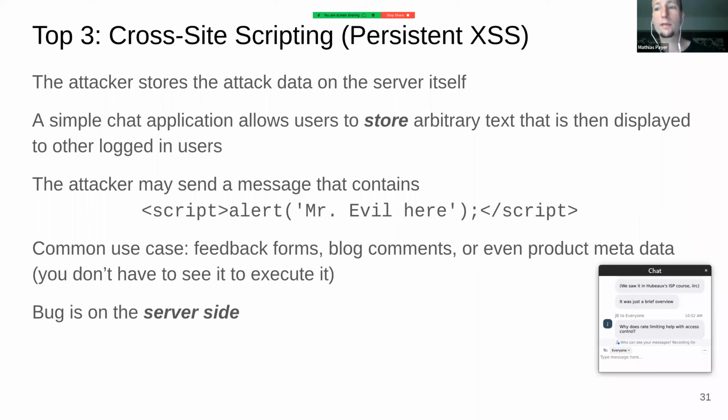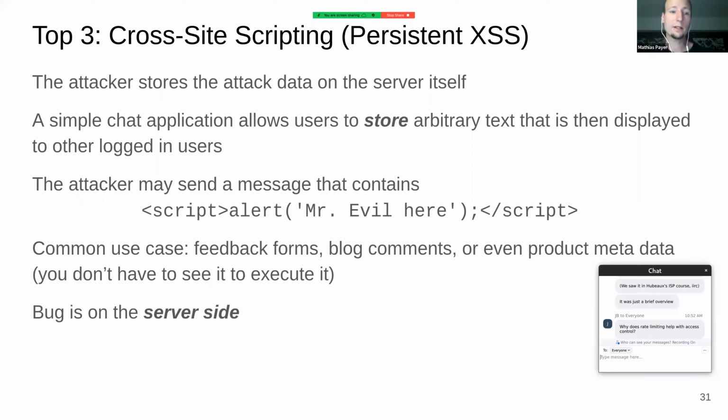Now, if the web server simply stores this chat message and appends it to the file or to the database or whatnot, and then other users browse to that page, they will execute this script in the context of the web application and of that user, right?